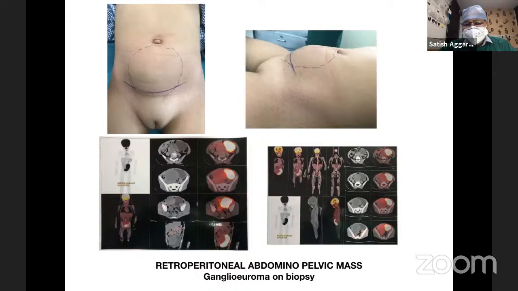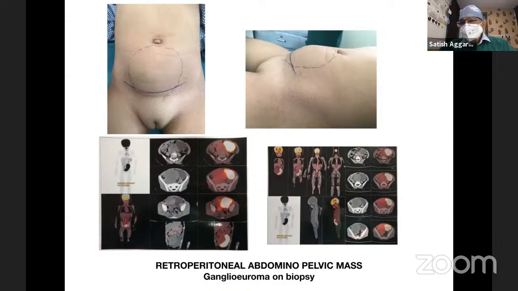So this child had a PET scan, because in such a situation, PET scan is important to see FDG avid activity elsewhere also in the body. So that's a part of the metastatic workup. And this child had this FDG avid mass in the pelvis, but the FDG avidity was not very much, and there was no other area of activity.